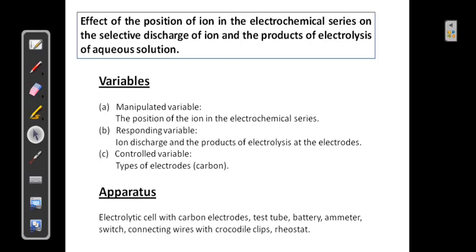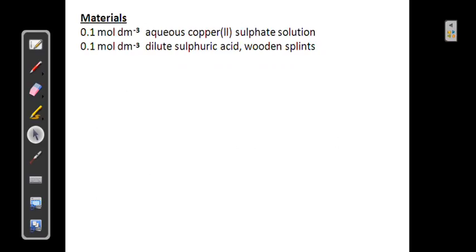And the apparatus, we will have the electrolytic cell with carbon electrodes, test tube, battery, ammeter, switch, connecting wire, contact clips, rheostat, as usual. And the materials, right?